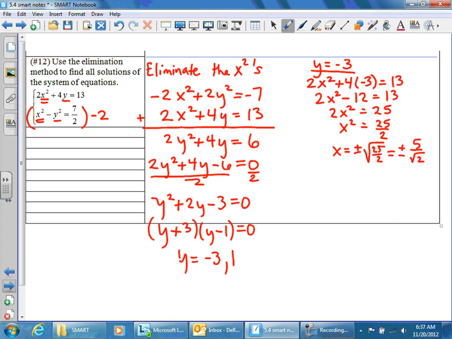All right, so I got plus or minus 5 over radical 2. Let's go ahead and rationalize that. So 5 radical 2 over 2. So let's see, so far I've got these two solutions, but I also need to plug in when y is 1.